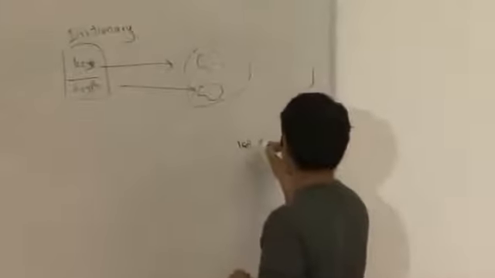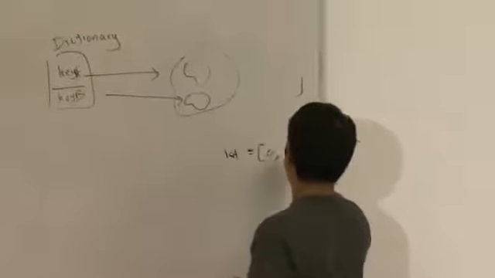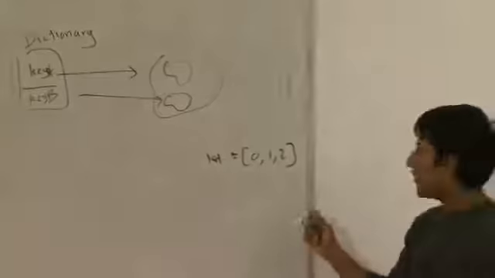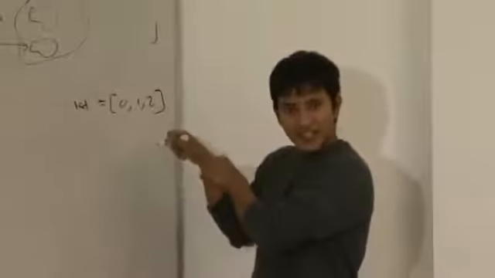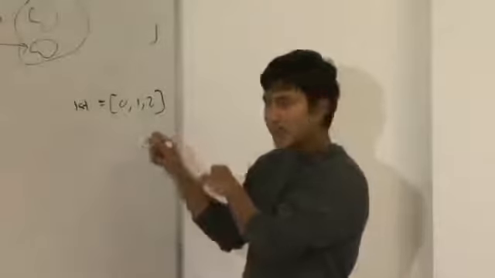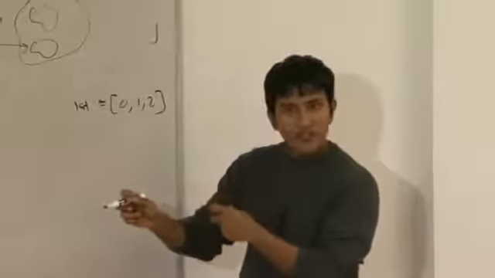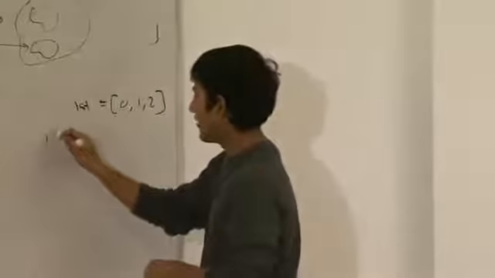To compare, in the list, suppose I have a list 0, 1, 2. If I want to check whether 1 is in the list, how would I check? Do I have to go through element by element? No. There's a shortcut.